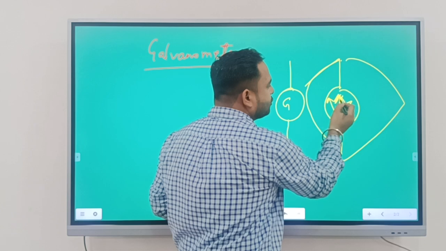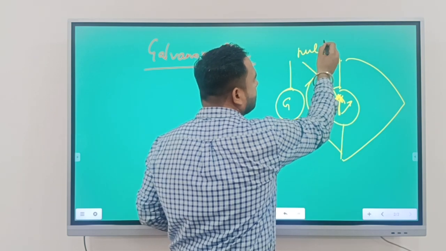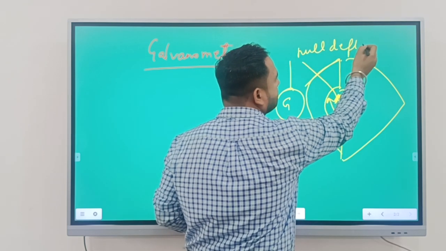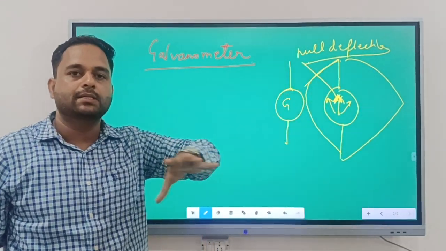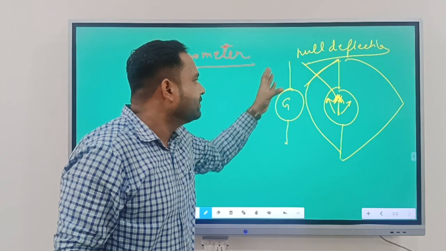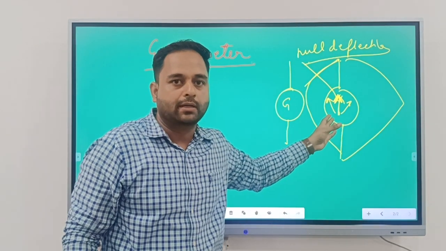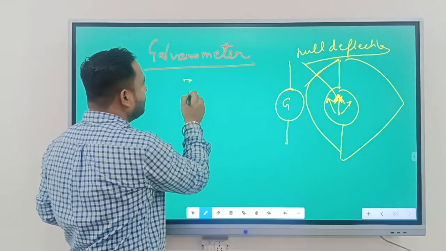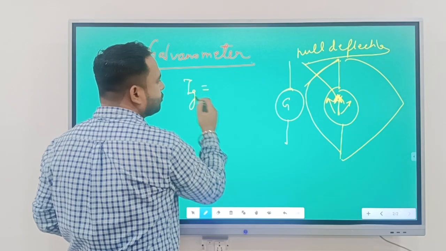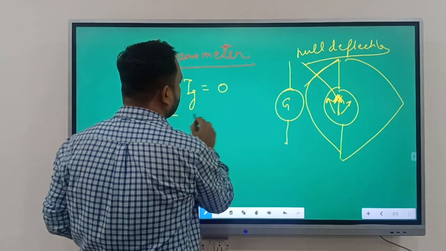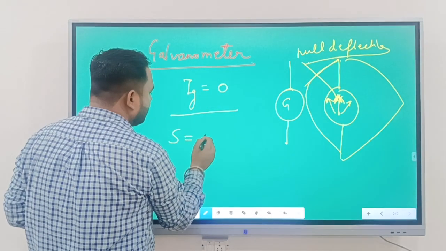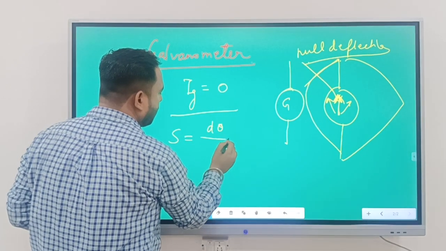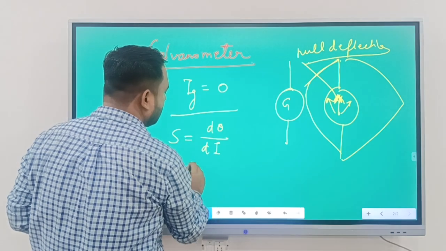That means this arrow shows null deflection. Alright, this arrow shows the null deflection. That means the current flowing through the galvanometer, the value of Ig, is 0. Right? The formula for the galvanometer is S equals d theta upon dI.